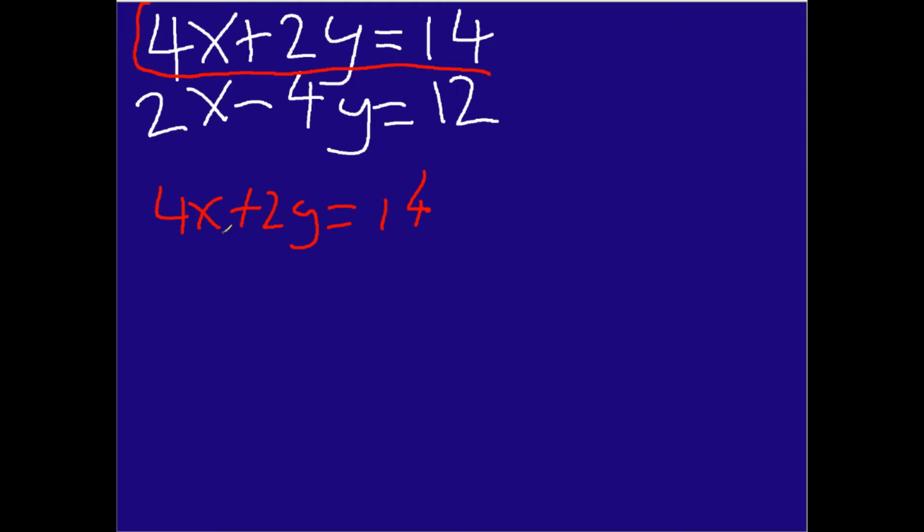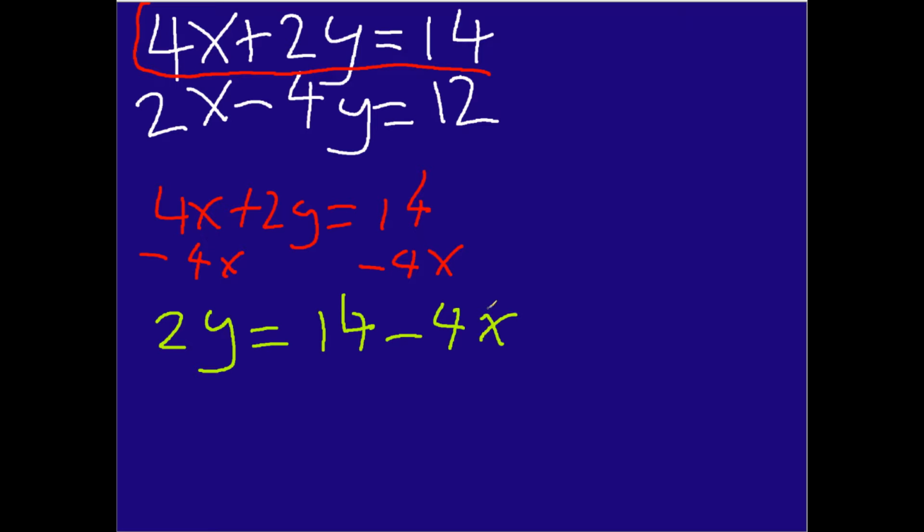What I'm going to do now is subtract 4x from both sides. Let me change the color here to help you out with the visual. Now I have 2y equals 14 minus 4x. In order to get the y by itself, I have to divide everything by 2, 2, and 2.